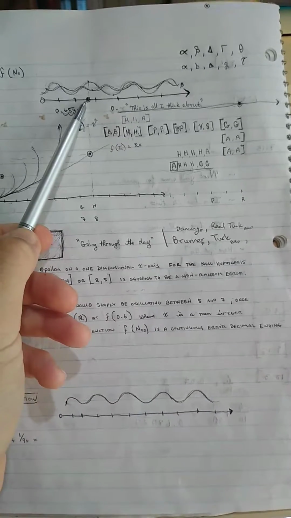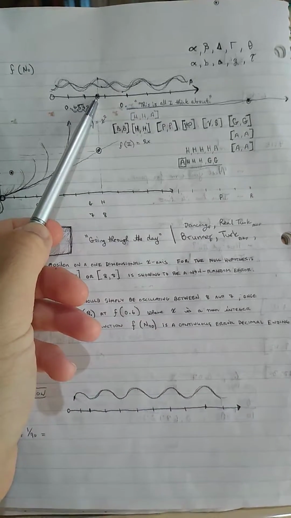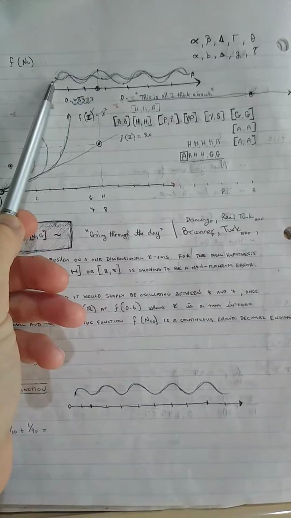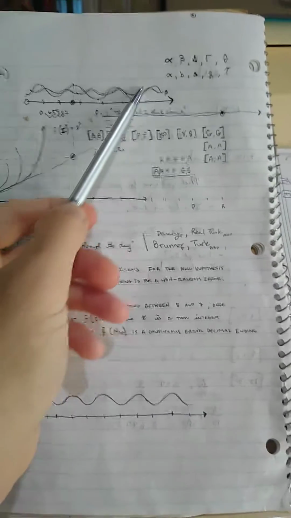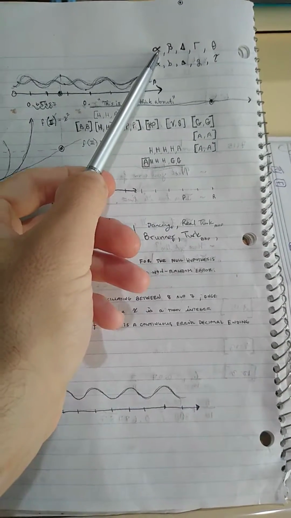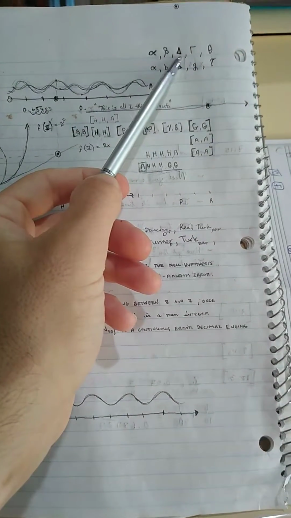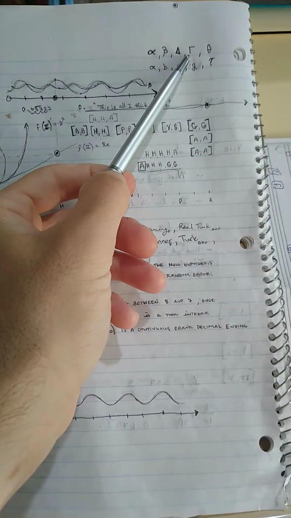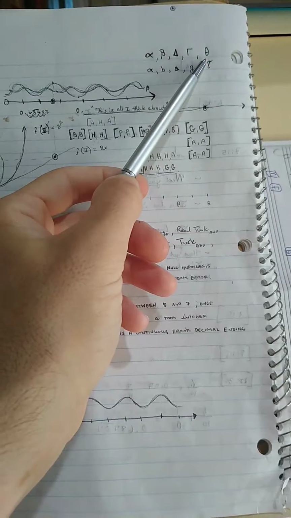So once we're able to contain a certain level, a certain bandwidth, right? That's where we get the information that we want with regards to the brainwave function, which is represented by alpha, beta, delta, gamma, and theta.